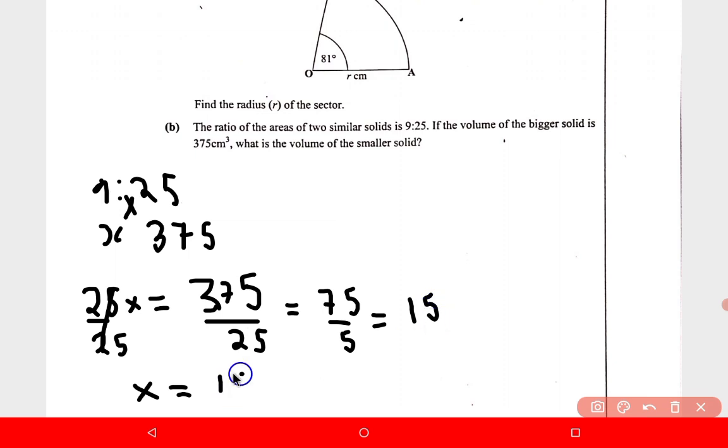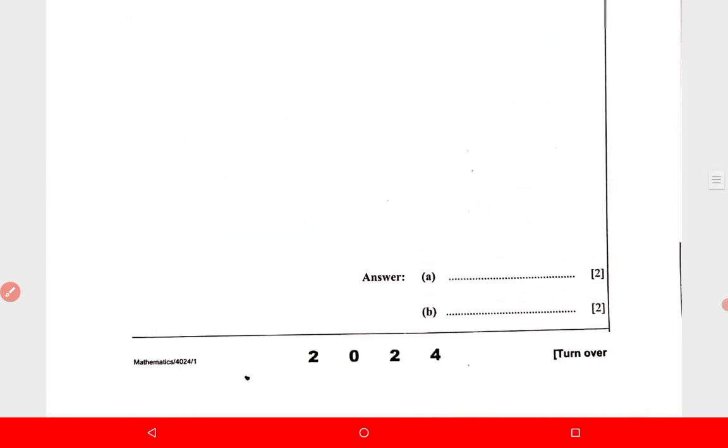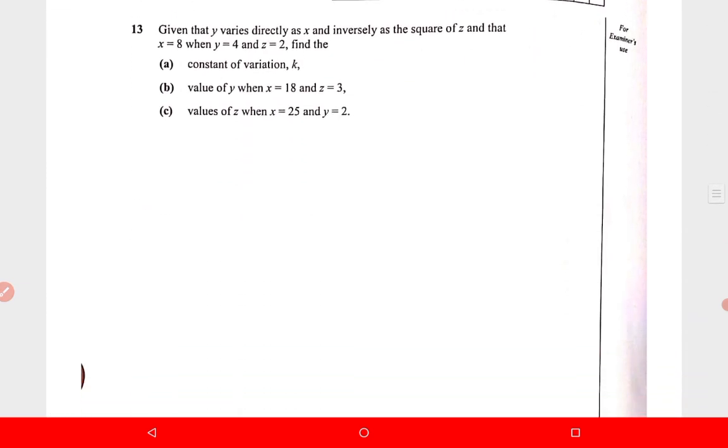So here you get 15 as the volume of the smaller solid. We just used ratios here since we are dealing with ratios. Okay, we go to question 13. Question 13, very simple as well.